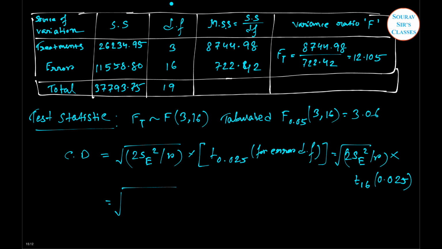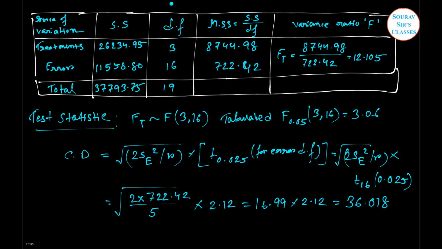So root over 2 into 722.42 divided by 5 into 2.12 equals 16.99 into 2.12 equals 36.018. The treatment mean effects arranged in descending order of magnitude are given in this table.